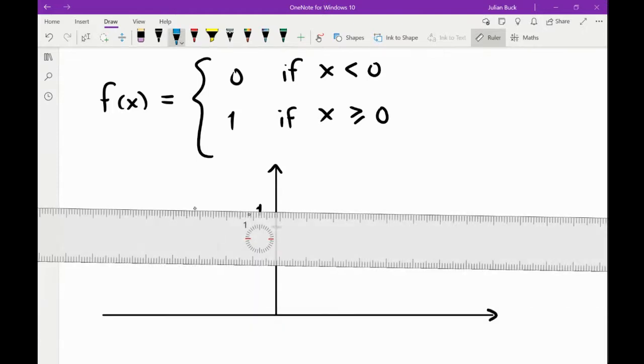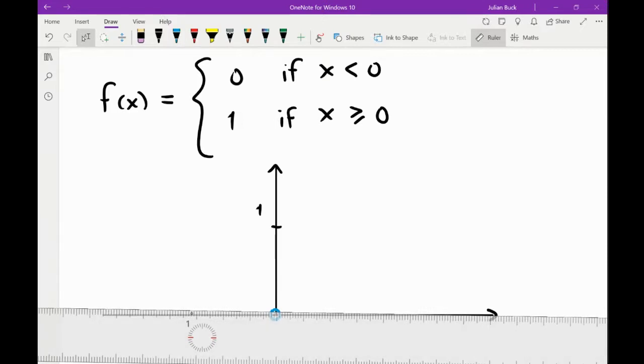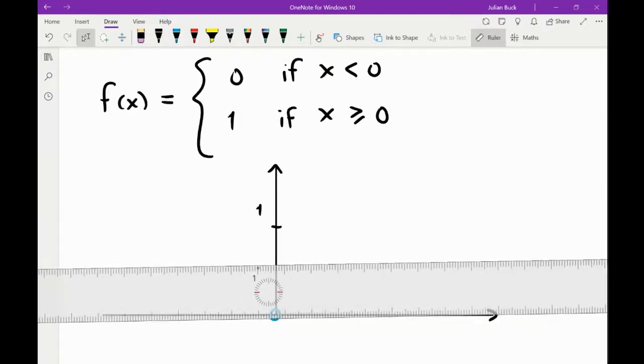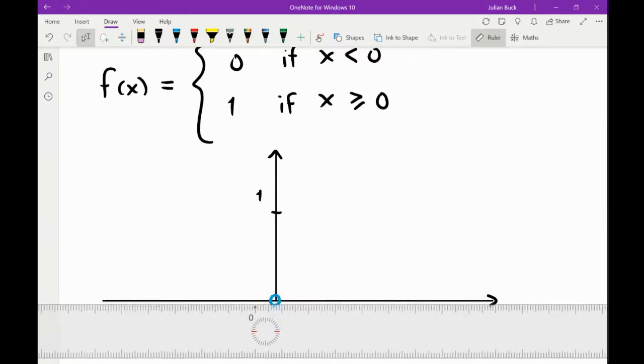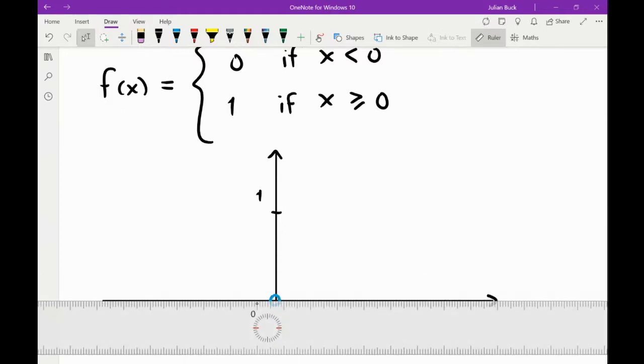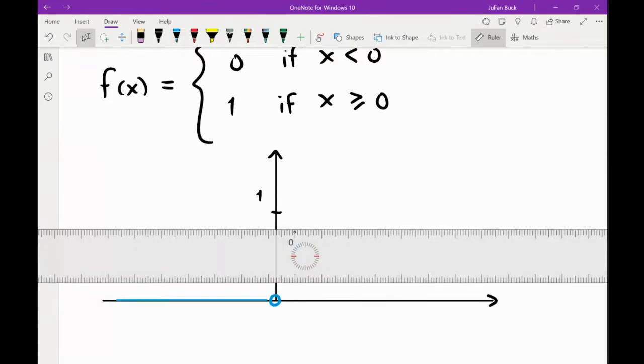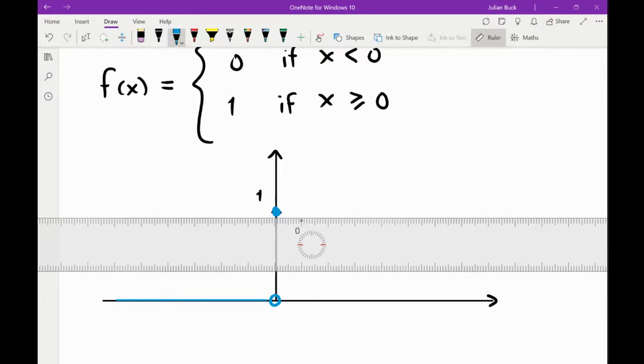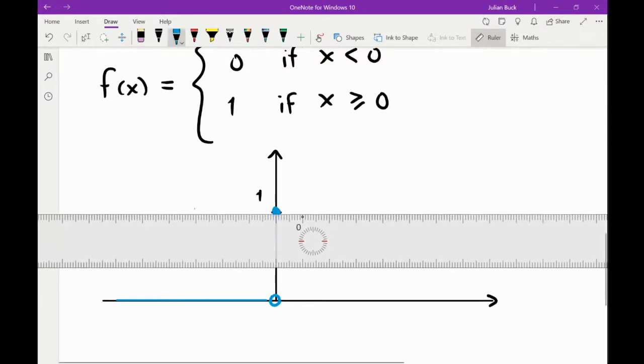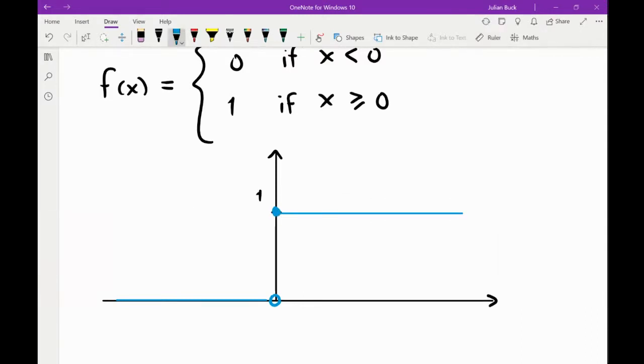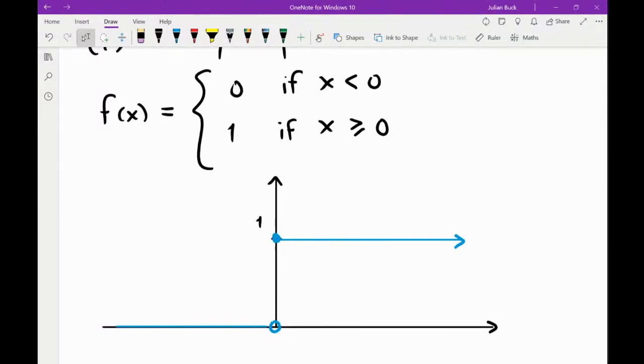If the input is negative, less than 0, it's just 0. And then if the input is 0 or positive, non-negative, the output is 1. Okay, so there's a graph of the binary step function.